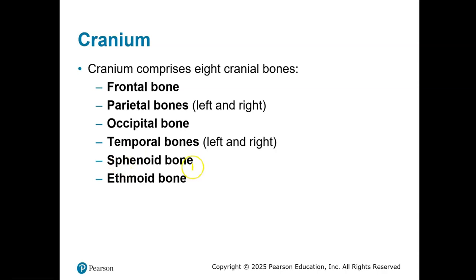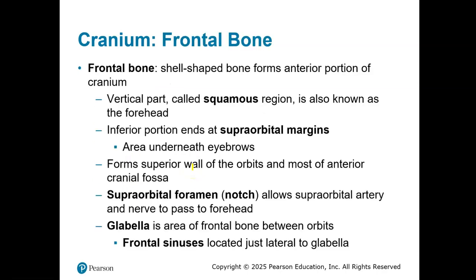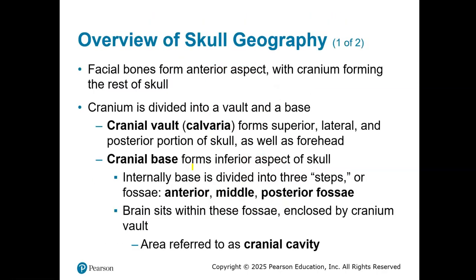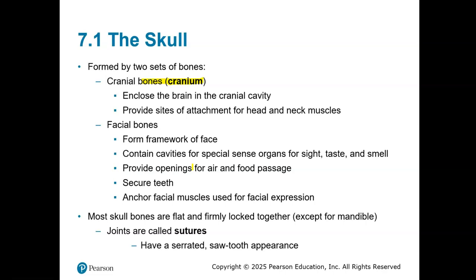And then there's the ethmoid bone, which is in the area of your nasal cavity. So the cranium is the bones of the skull, and then the facial bones, that would be like the mandible and the maxilla and the zygomatic, so we'll go over those as well, but those are just the bones of the face.